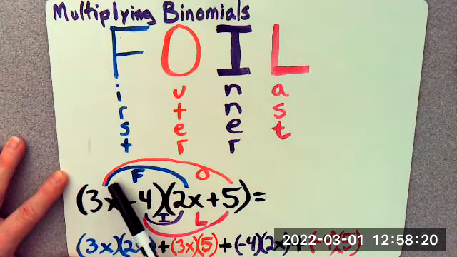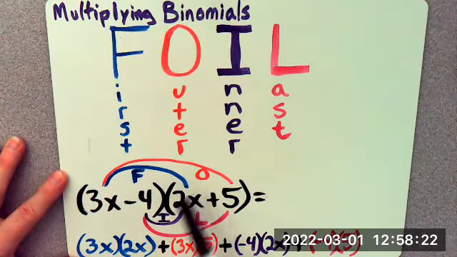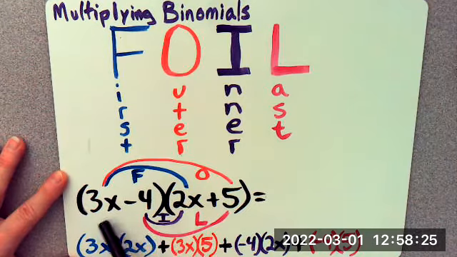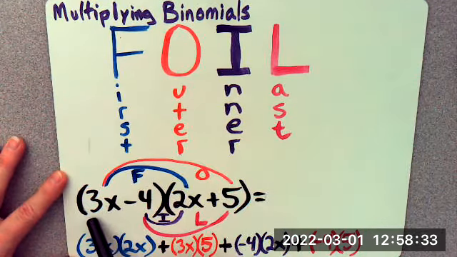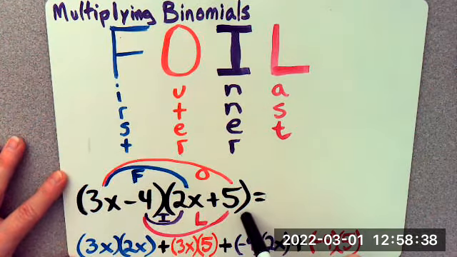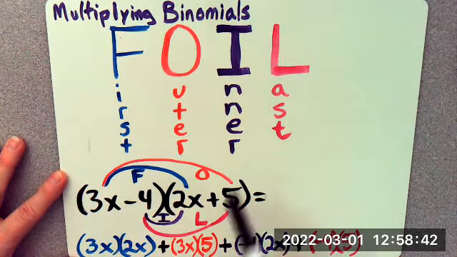So first we multiply 3x times 2x, the first terms of the two binomials that we're multiplying. Outer is the outside term of the binomial times the other outside term of the binomial. So 3x times 5.